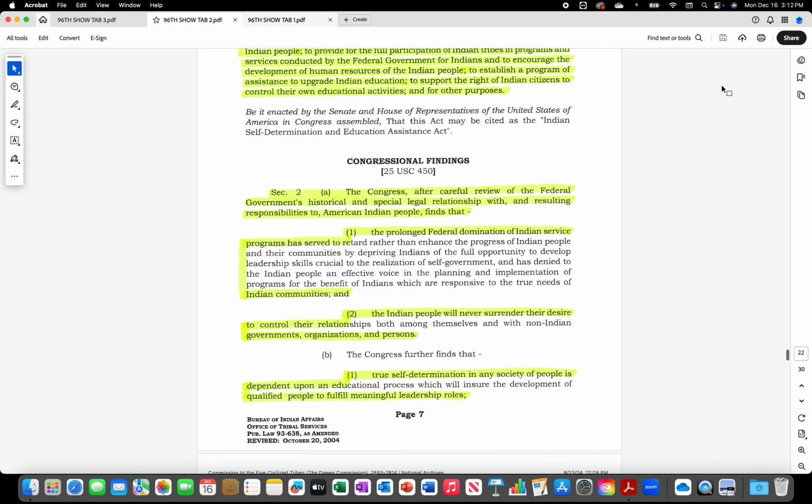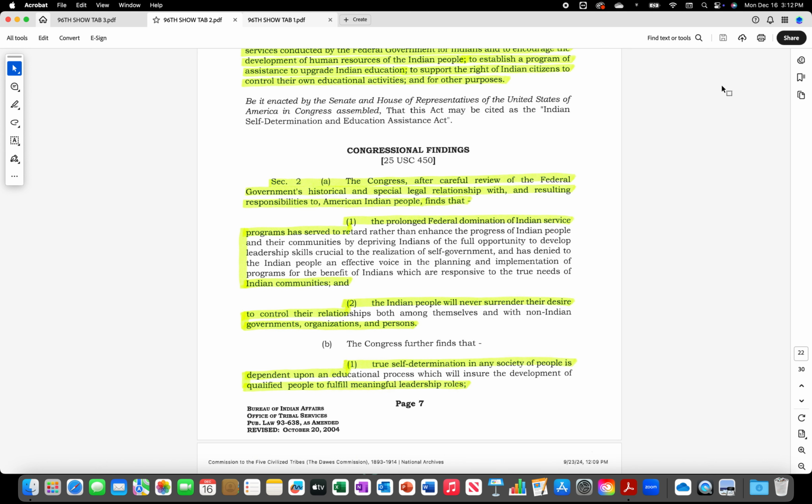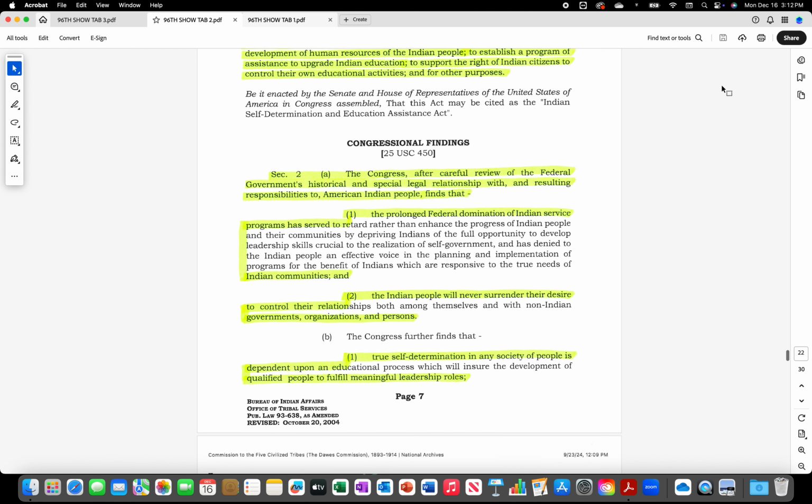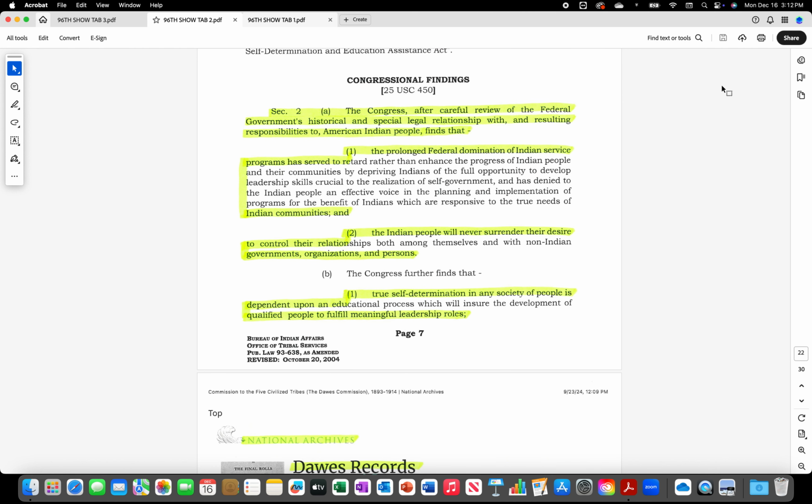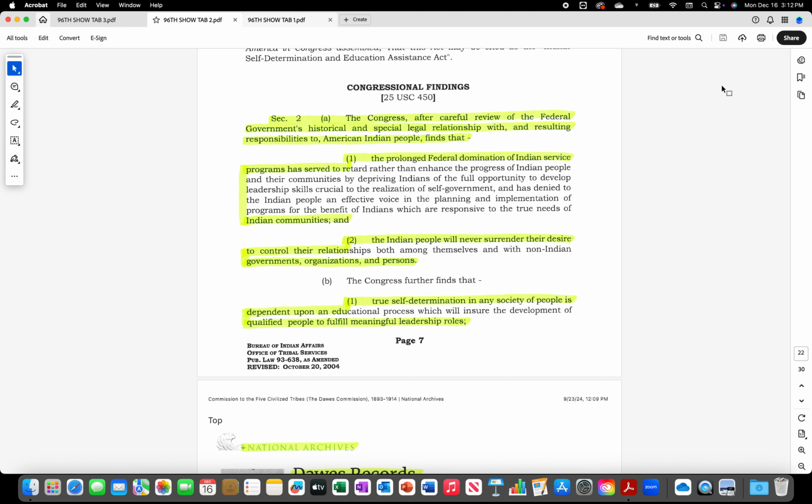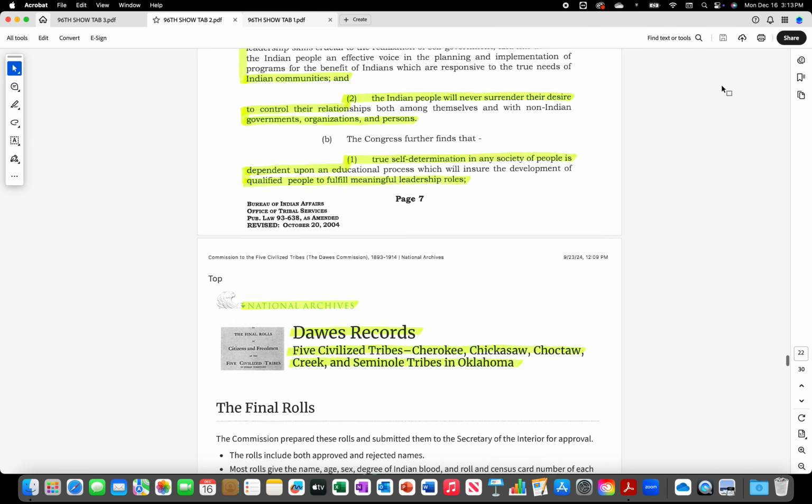And the Indian people will never surrender their desire to control their relationships, both among themselves and with non-Indian governments, organizations, and persons. The Congress further finds that true self-determination in any society of people is dependent upon an educational process which will ensure the development of qualified people to fulfill meaningful leadership roles.